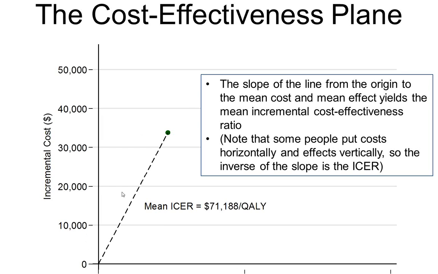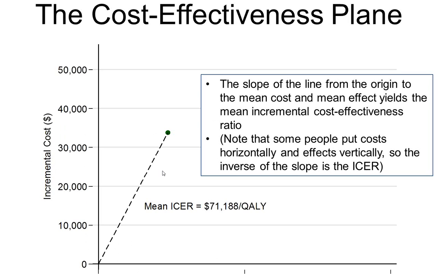So again, it's important to recognize that I'm talking here about incremental. So I'm not focusing on the mean cost and mean effects of each individual intervention. I'm here focusing on the incremental costs and the incremental effects. And I've plotted here the mean incremental cost and the mean incremental effect.